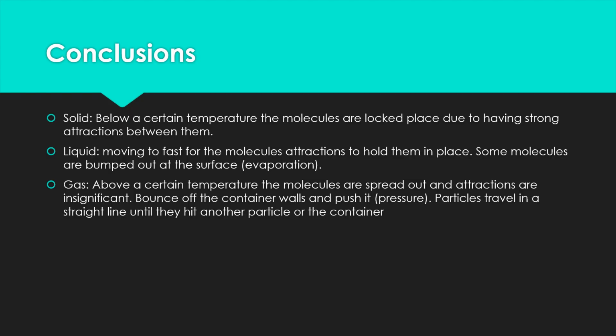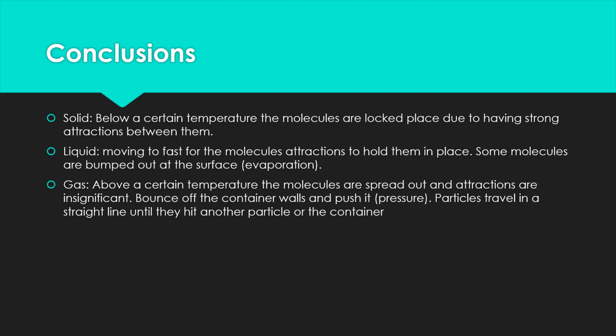So finally, just some conclusions. Solids: below a certain temperature, the molecules are locked in place due to having strong attractions between them, and that creates a solid. It's going to have more of a rigid structure. A liquid: the particles are moving too fast for the molecules' attractions to hold them in place. Some molecules are bumped out at the surface, and we get evaporation there.